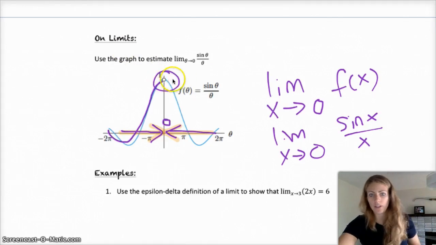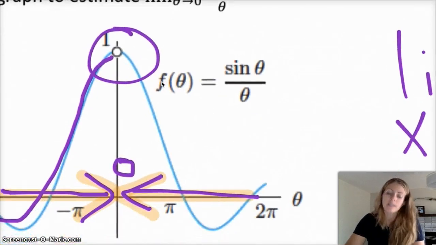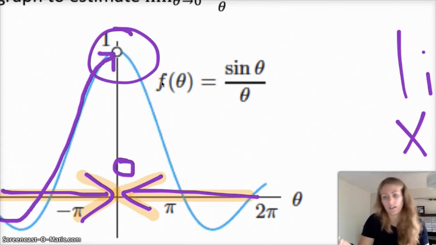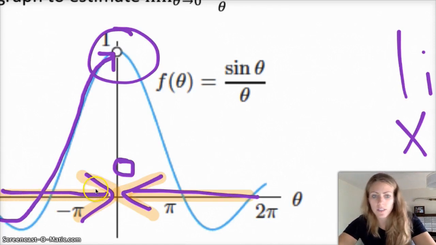As x gets closer to 0, y gets closer to 1. That's essentially what a limit is, in long story short. As x approaches 0, y is approaching 1.